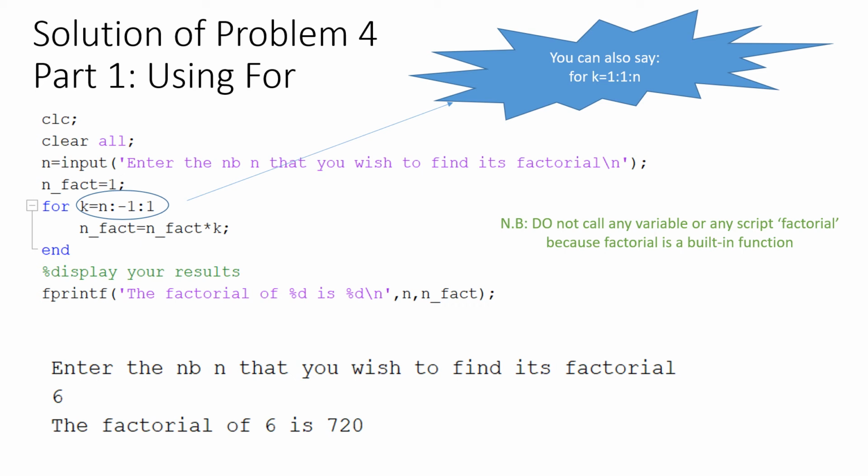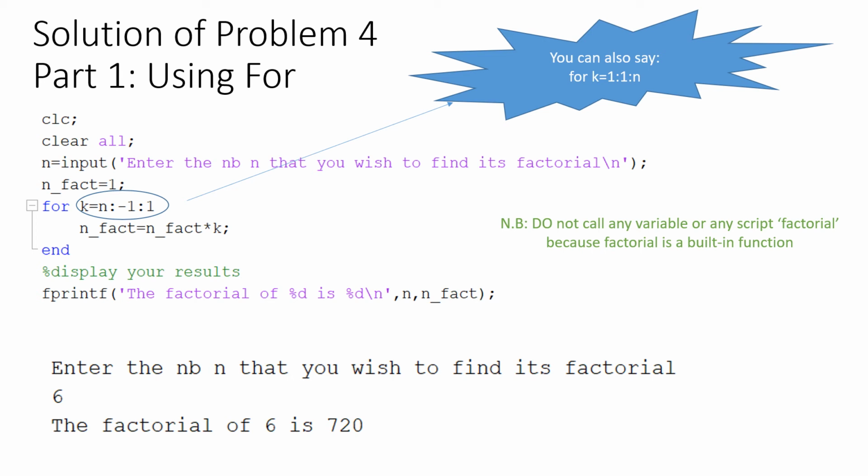And then I will use the for loop with a decrement of 1, which means an increment of -1 starting from n, which is the number that I wish to find its factorial, reaching 1. So once I reach 1, I should stop the multiplication because factorial is n times n minus 1 times n minus 2 until 1.